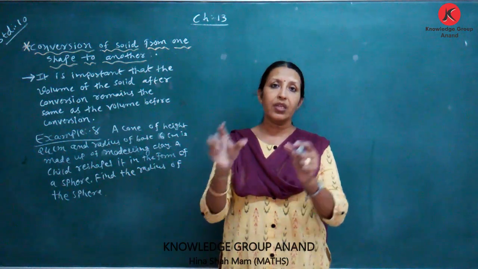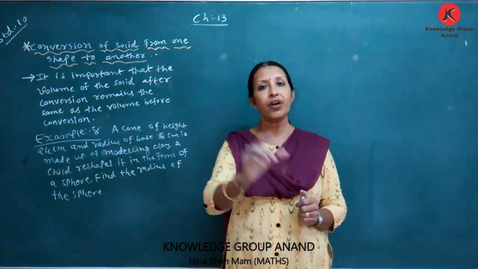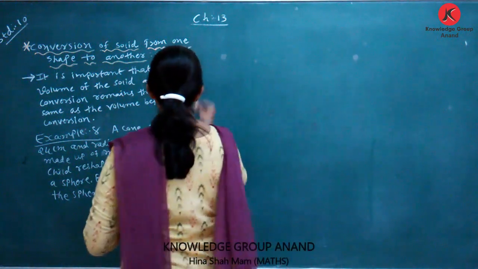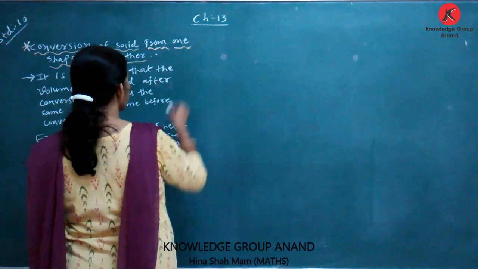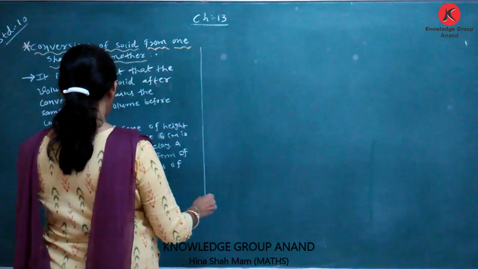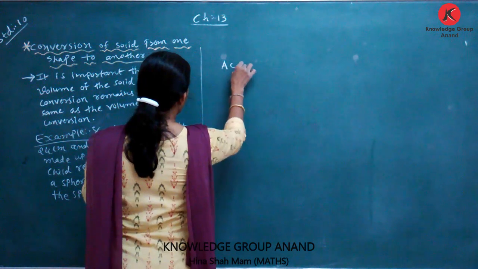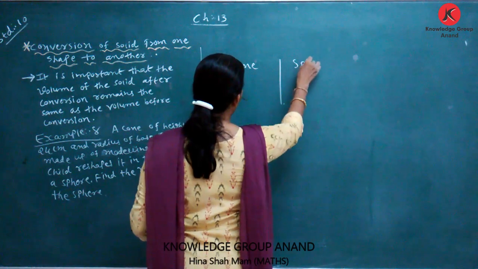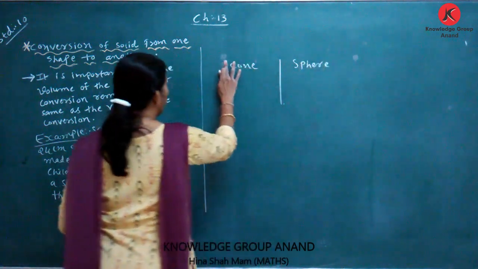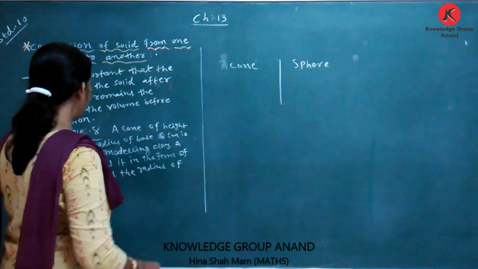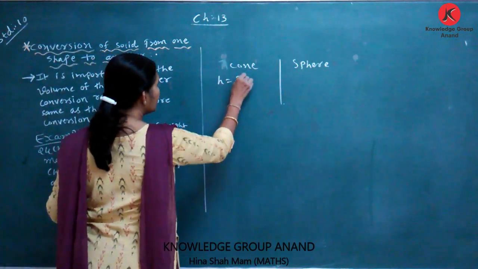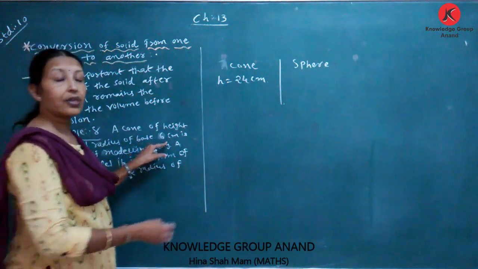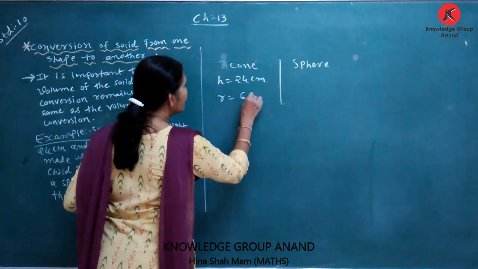Volume of cone is equal to volume of sphere. Here we have two shapes, a cone and a sphere. The cone has height h equal to 24 cm and radius of base equal to 6 cm.